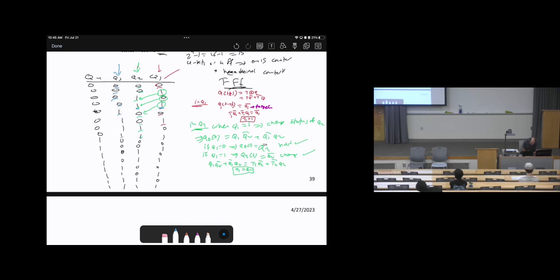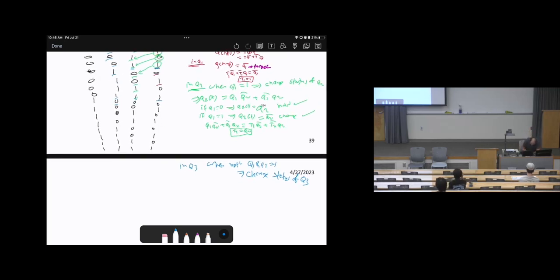When both are 1s, it will change its status. So in Q3, when both Q1 and Q2 equal 1, it will change status.